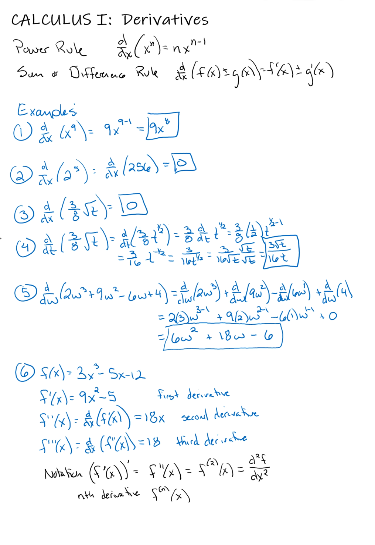Again, superscripted in parentheses. We can also use a d/dx notation, so it's the nth derivative of f with respect to x n times. So that would be the nth derivative notation. Hopefully that's not too bad though. Enjoy!